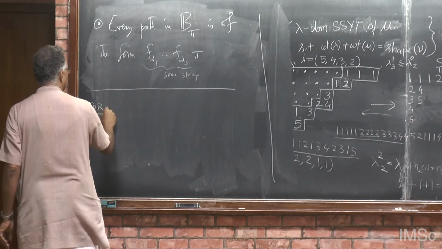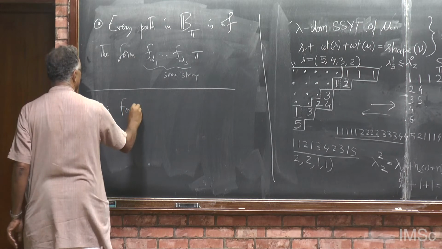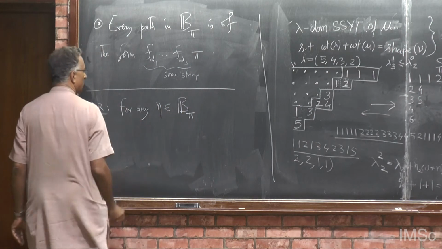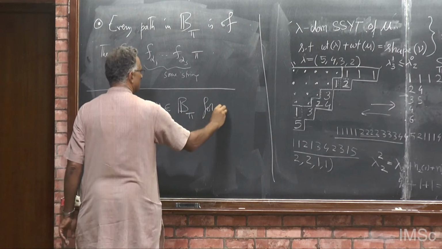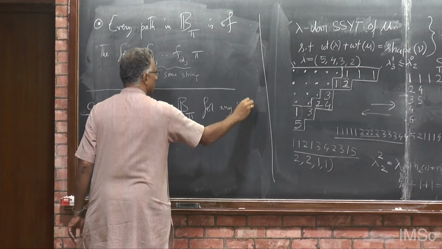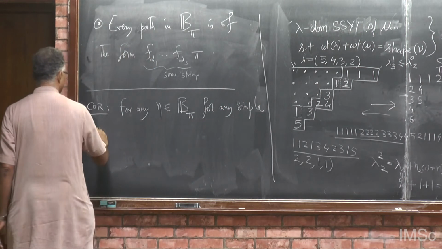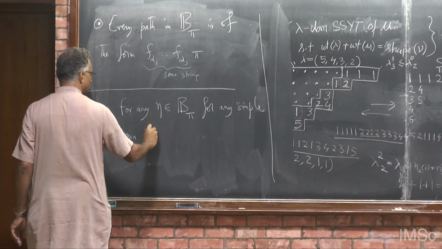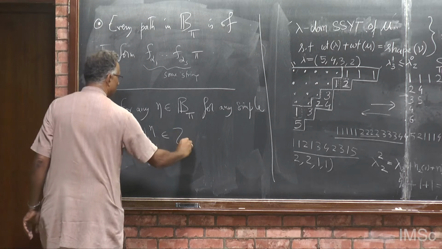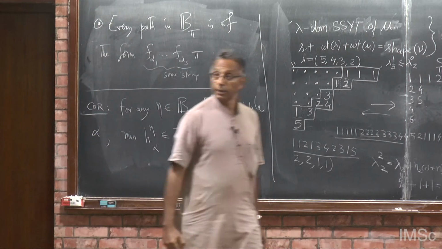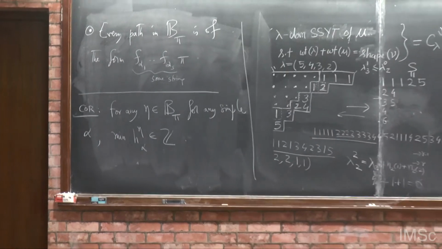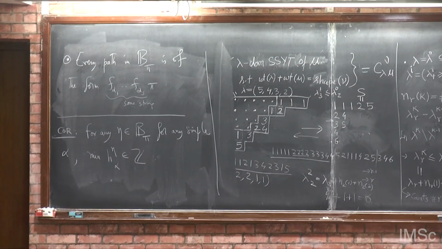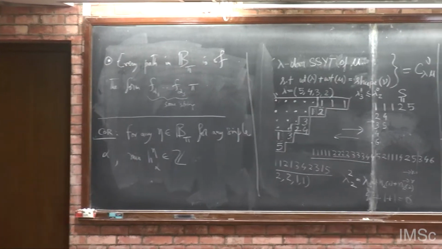Corollary: for any eta, let's say in B pi, and for any simple alpha, the min of h eta alpha belongs to, is an integer. Okay, and the argument for this, let's recall, the idea was to expand.